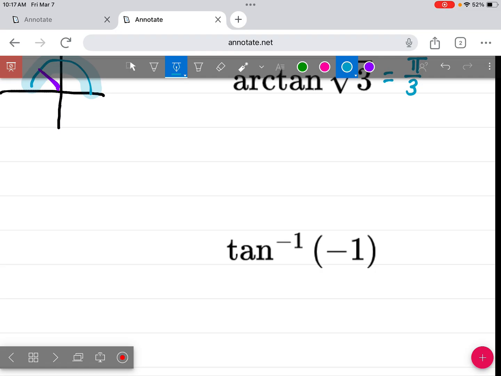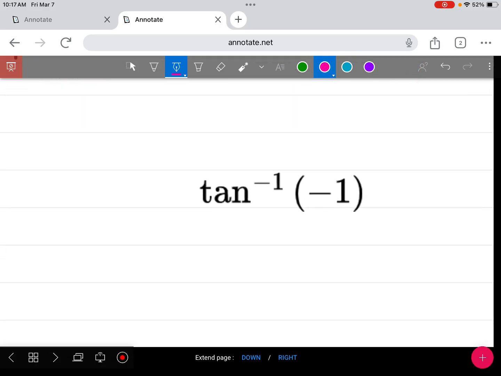How about inverse tangent of -1? What angle on a unit circle has a tangent of -1? So if we were just on our unit circle, we'd be looking at our 7 pi over 4, right? Is that between minus pi over 2 and pi over 2? It's coterminal with something between the two, but 7 pi over 4 is bigger than pi over 2.